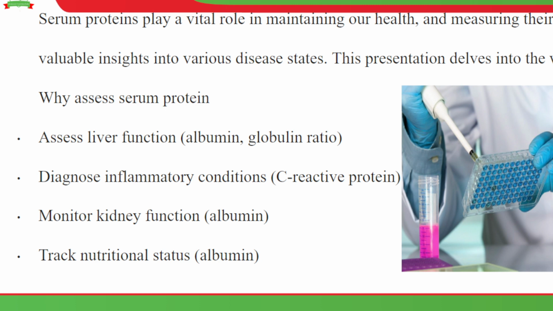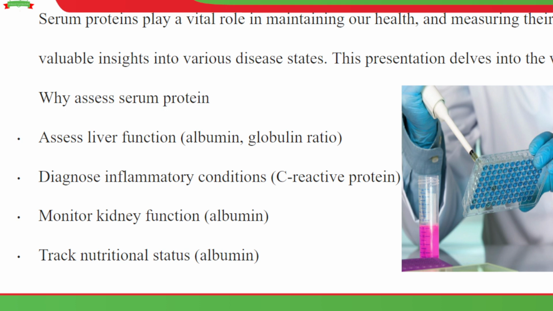Why should we really assess serum protein? One, it helps you to assess liver function using the albumin and globulin ratio. And if that ratio is not normal, that can give you an indication that there's a challenge with liver function. Then you can diagnose inflammatory conditions.